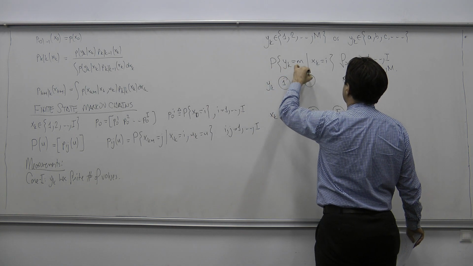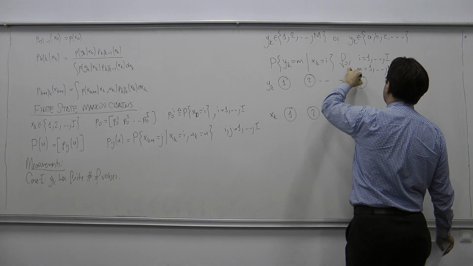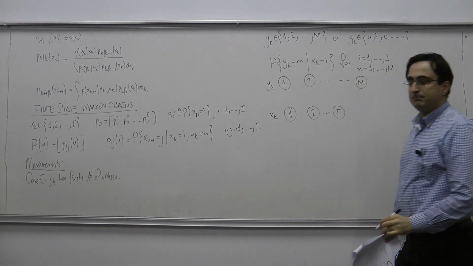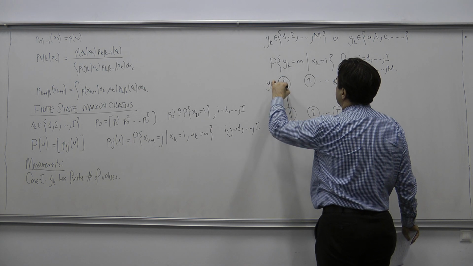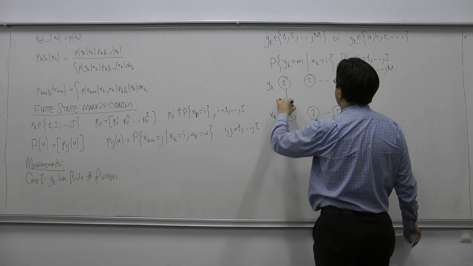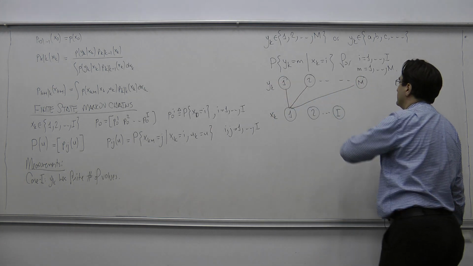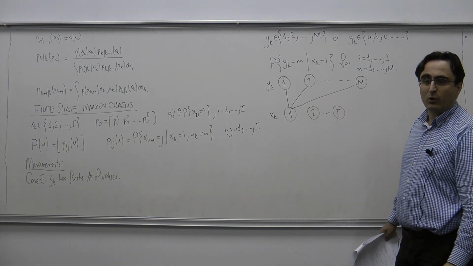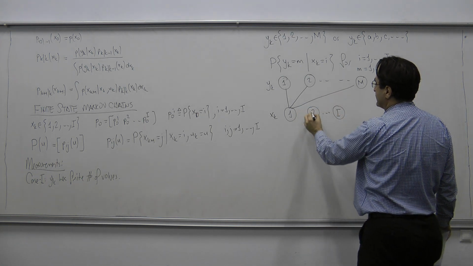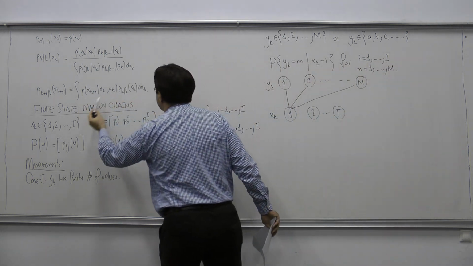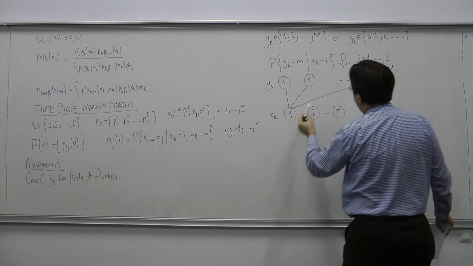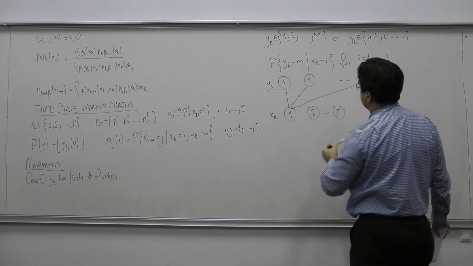They can take values 1, 2 going until capital M. And at each state, the output can take one of these values. These are not transitions anymore. The transitions are between states and they are related to this state model. This is showing the output probabilities.